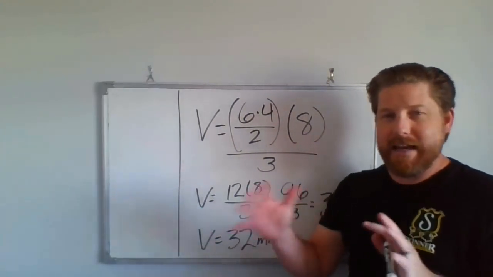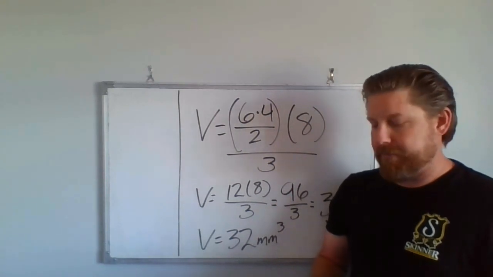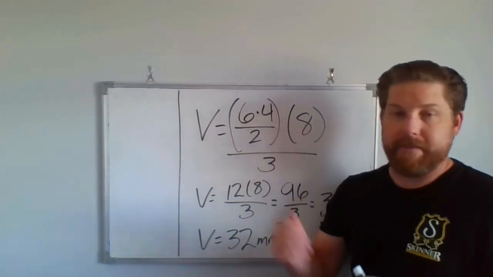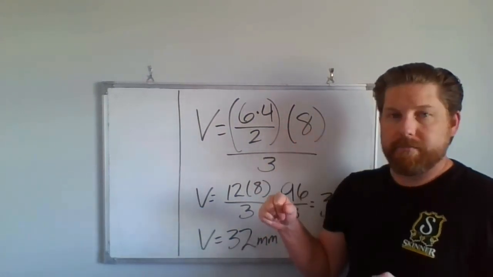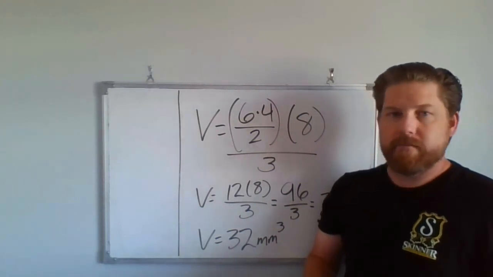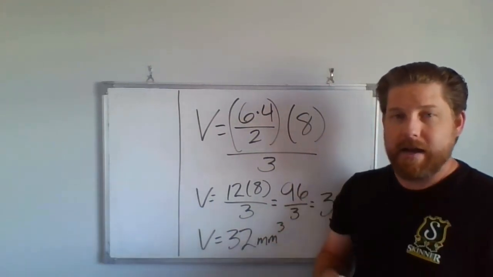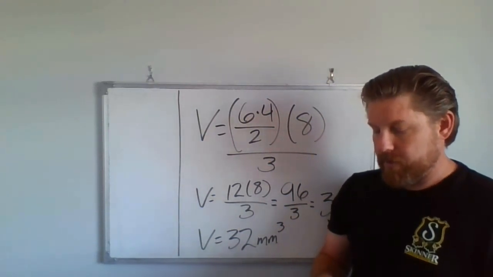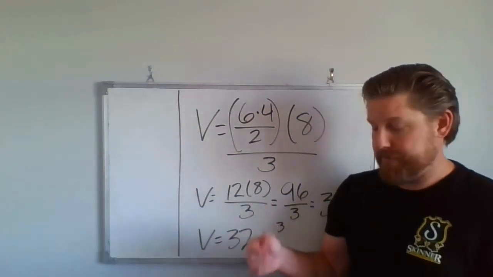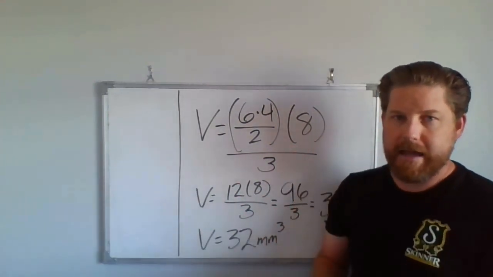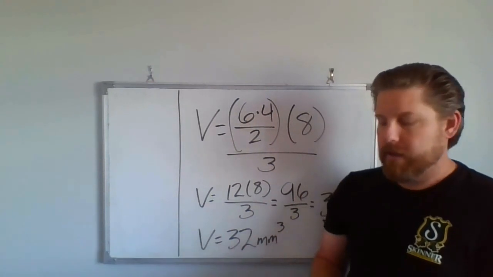Getting into the 80s and 90s on IXL, you will find those problems where they give you the volume and they'll say, find the height or find the length. And you're going to have to really get deep into some algebra, isolating that variable. So if they give you the volume, we're just using algebra to work our way back to finding the height or the length or the width.